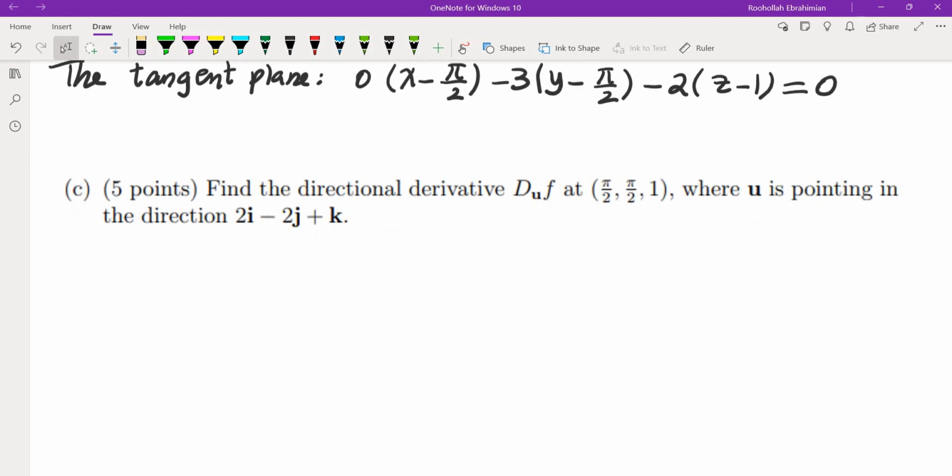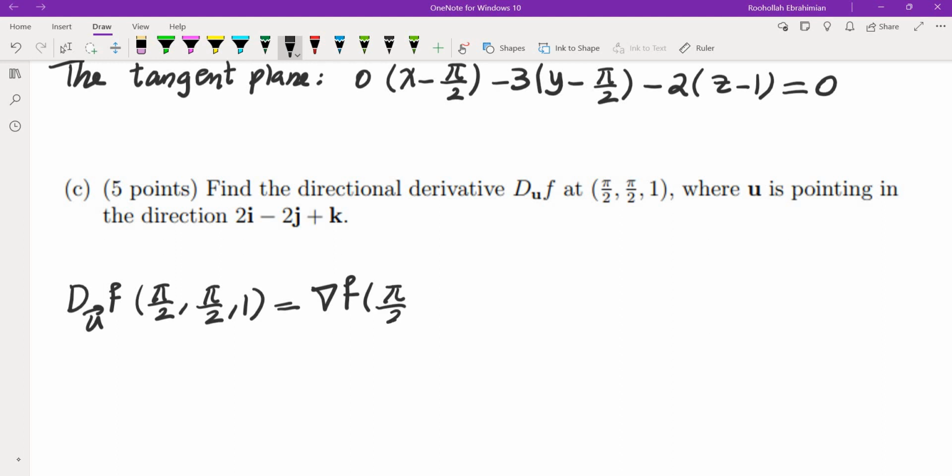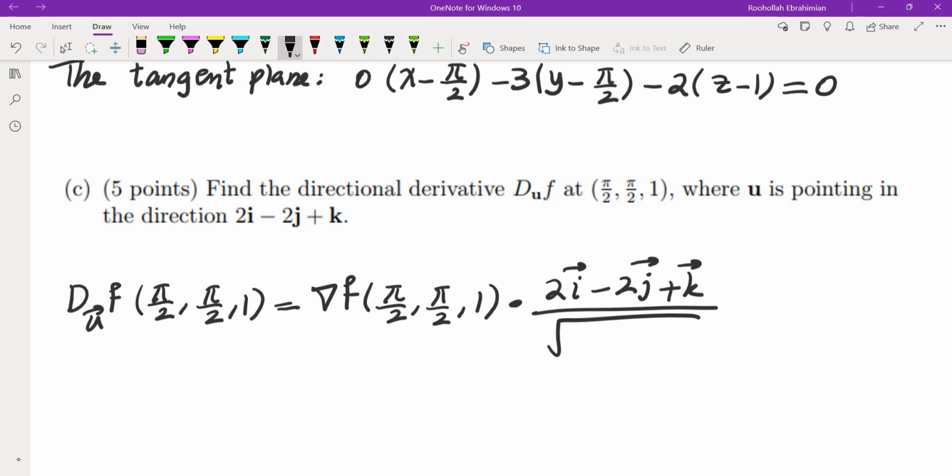Find the directional derivative at this point where u is pointing in that direction. So the directional derivative at pi over 2, pi over 2, 1 is going to be the gradient at that point dotted with the direction. The direction is 2i minus 2j plus k divided by its magnitude, which is root 4 plus 4 plus 1.